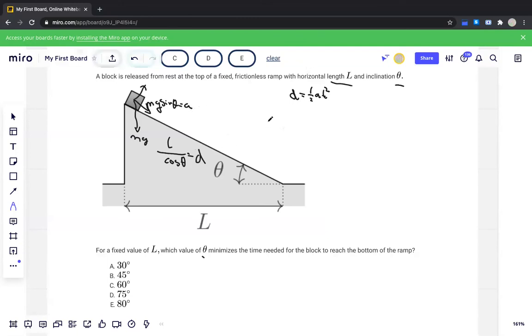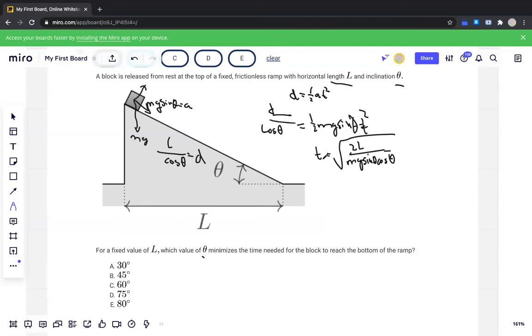So if we plug our values of d and a back into the equation, we get L over cosine theta equals 1/2 times mg sine theta times t squared. So if we solve for t, we get t is equal to the square root of 2L over mg sine theta cosine theta.